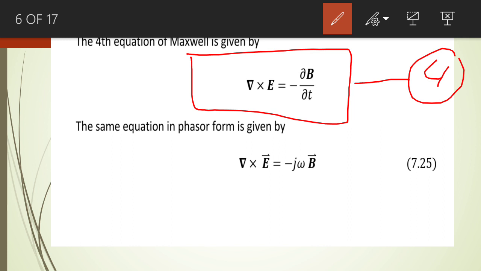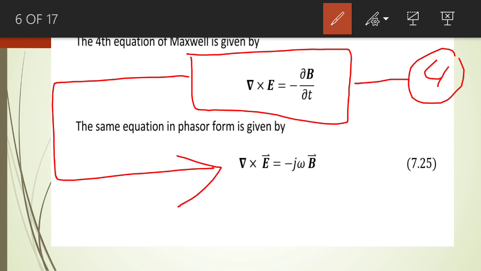This equation states that a time varying magnetic field can create a time varying electric field, and equation number 4 is in instantaneous form. So we want to convert the instantaneous form of this equation number 4 into phasor form.